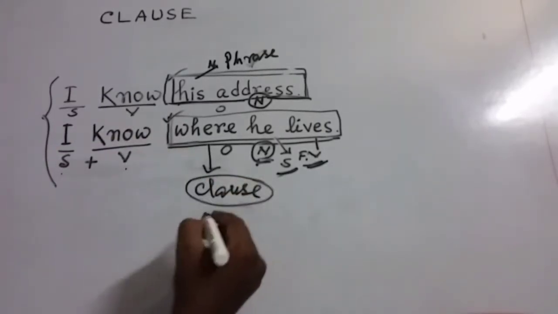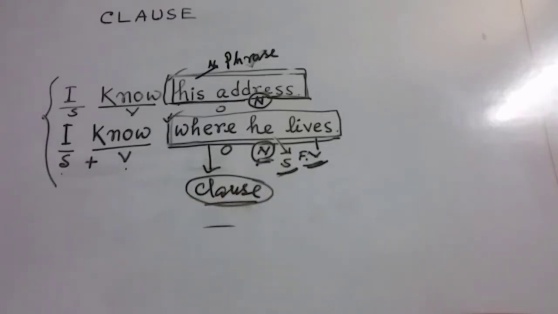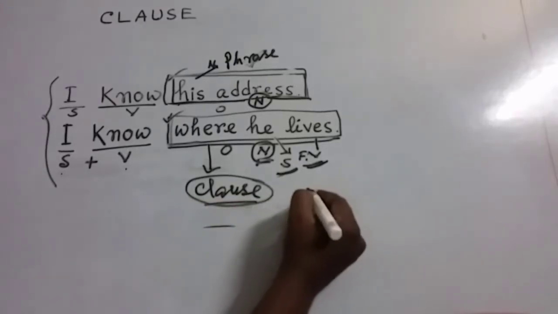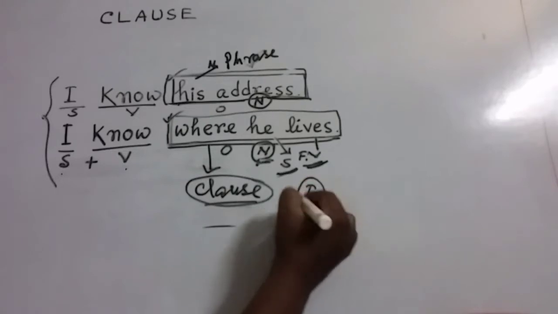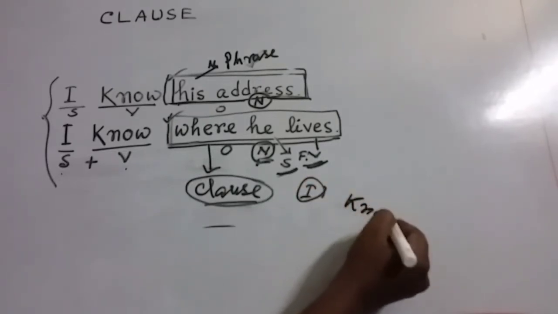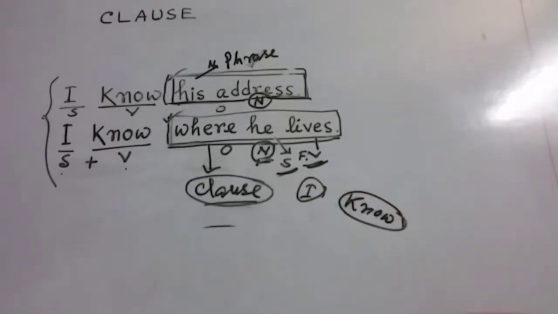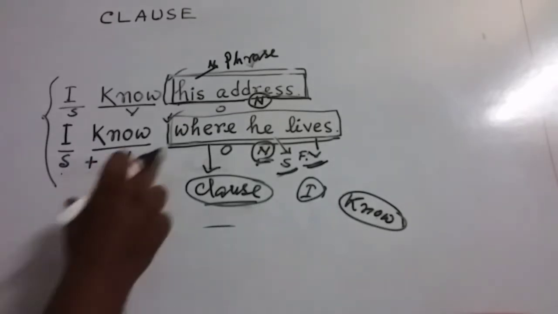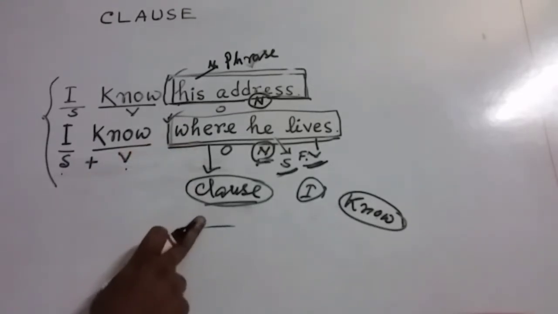So my dear friends, a clause must be a group of words. That means a single word, this one, this single word cannot be a clause. A clause must contain more than one word. Now the fact is that we get this is a clause.